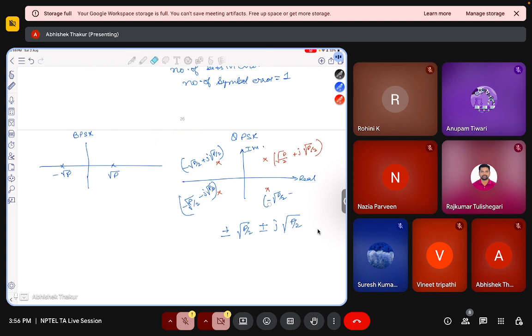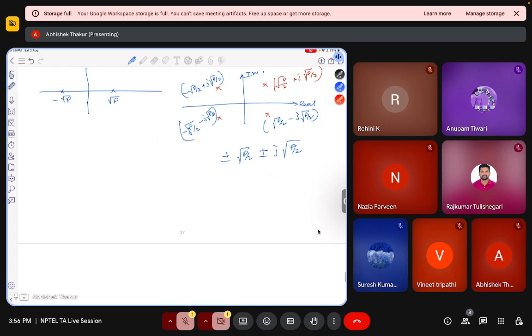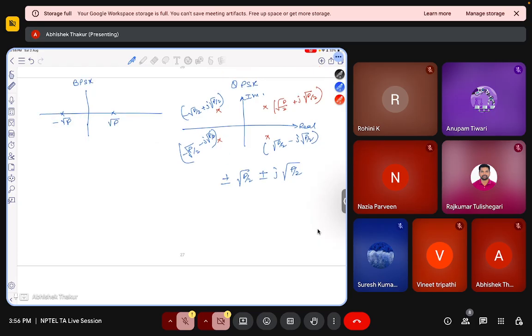This will become plus 1. So symbols are given in this fashion. We will see the bit error rate based on the distance also, but before that we will see the total power of the symbol.